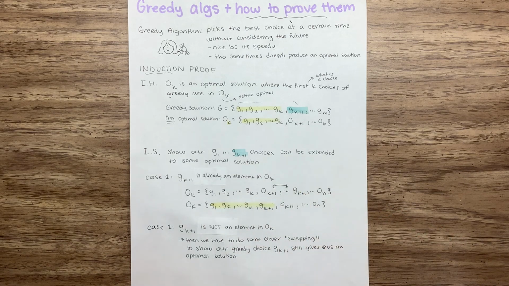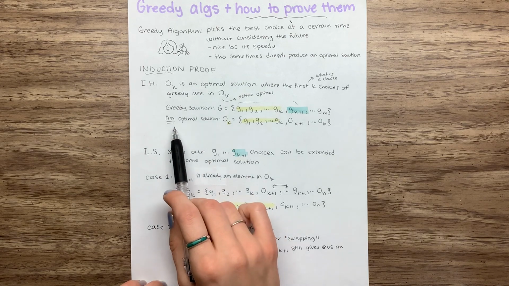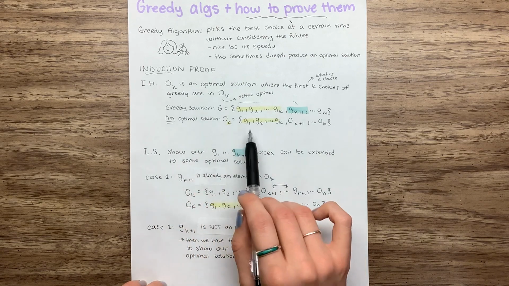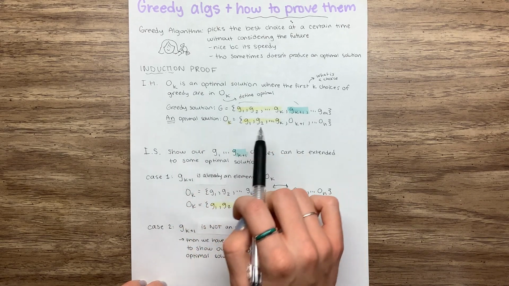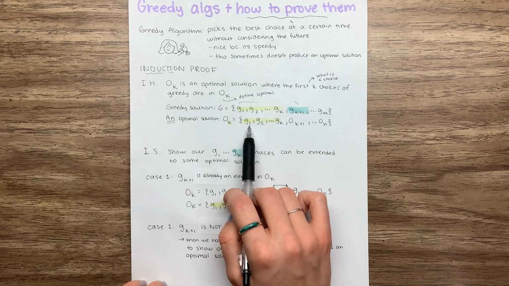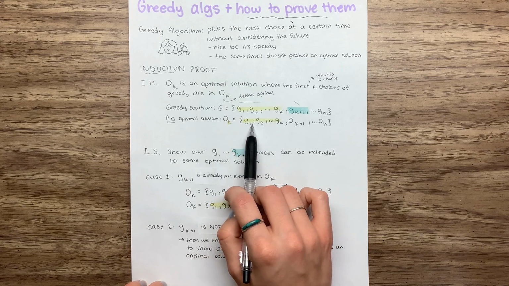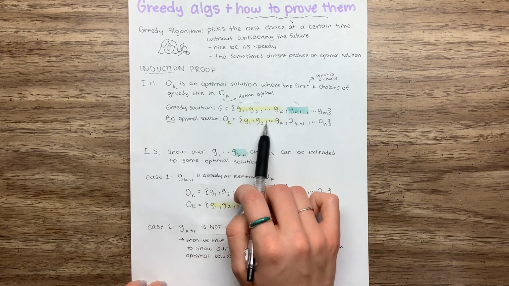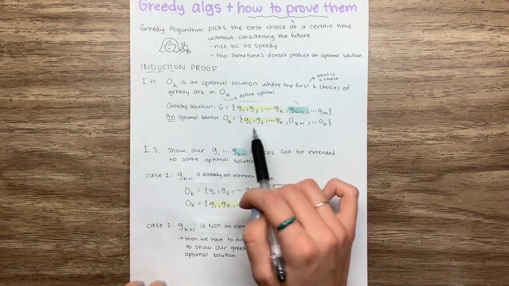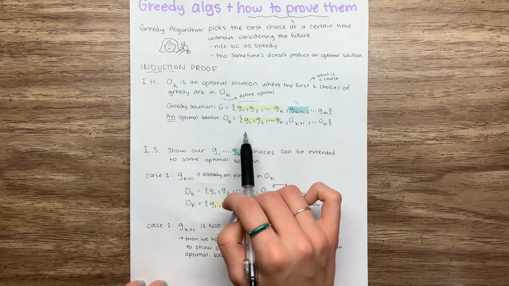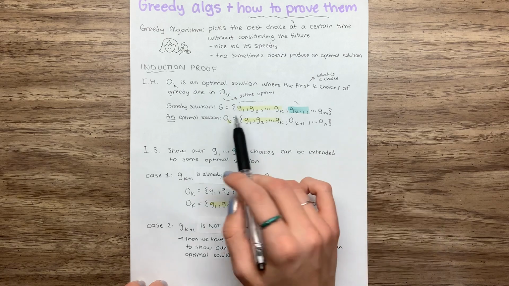I also want to reiterate that the optimal solution is just a given set to us. We don't know which choice was made first, second, or third.